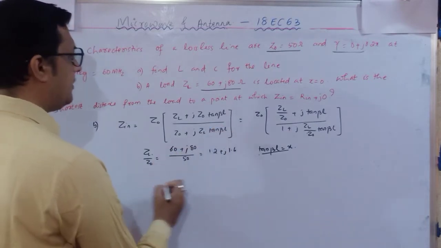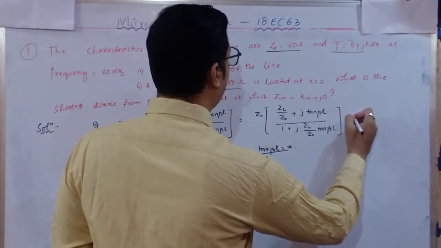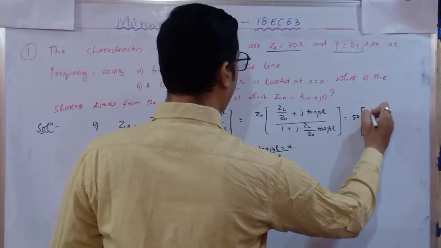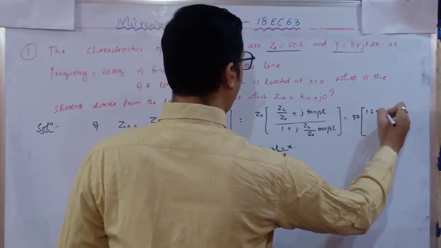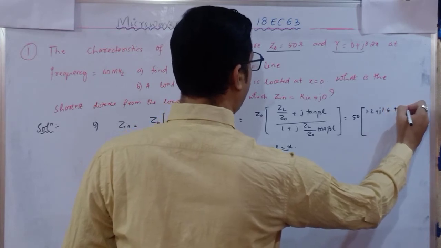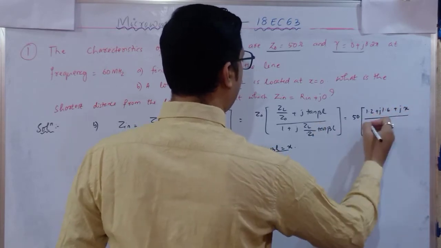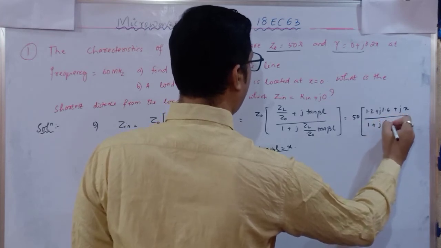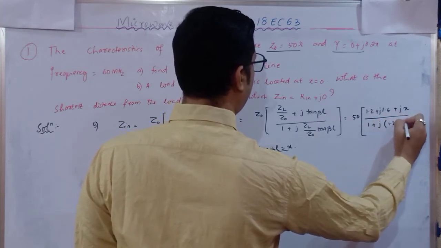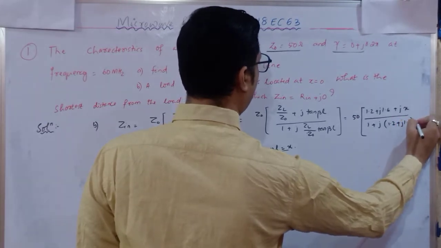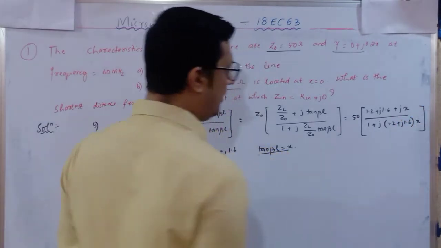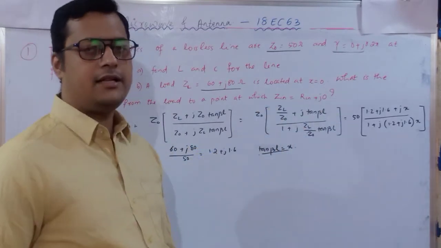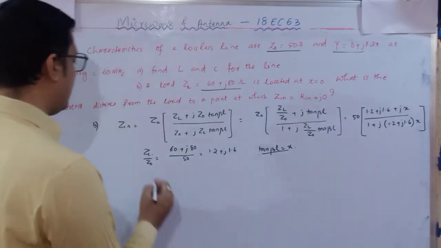Now Zin is 50 times 1.2 plus j1.6 plus jX, and the denominator is 1 plus j times 1.2 plus j1.6, whole multiplied by X. Now you need to separate which one is the real part and which one is the imaginary part.